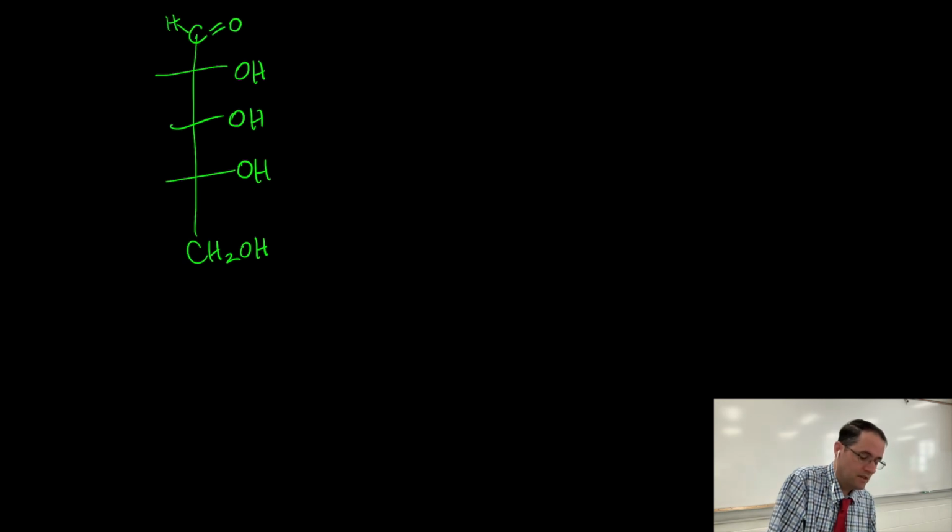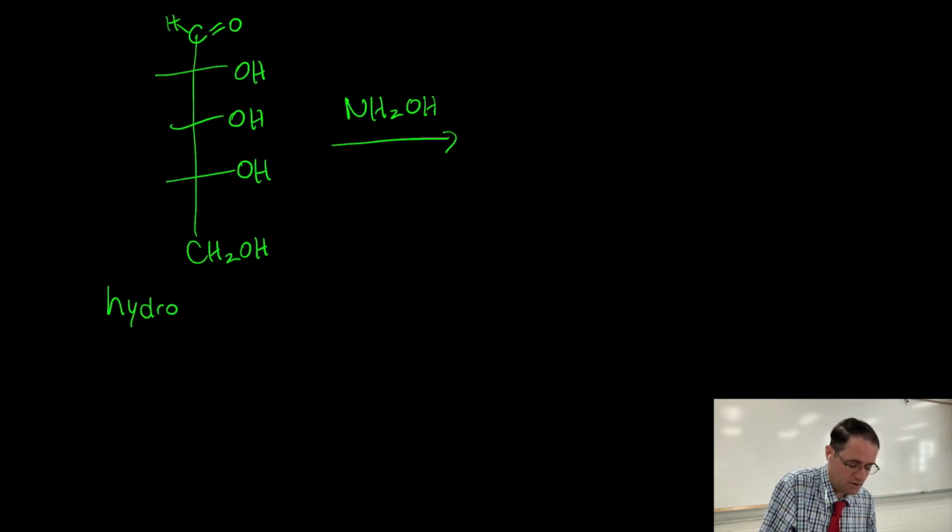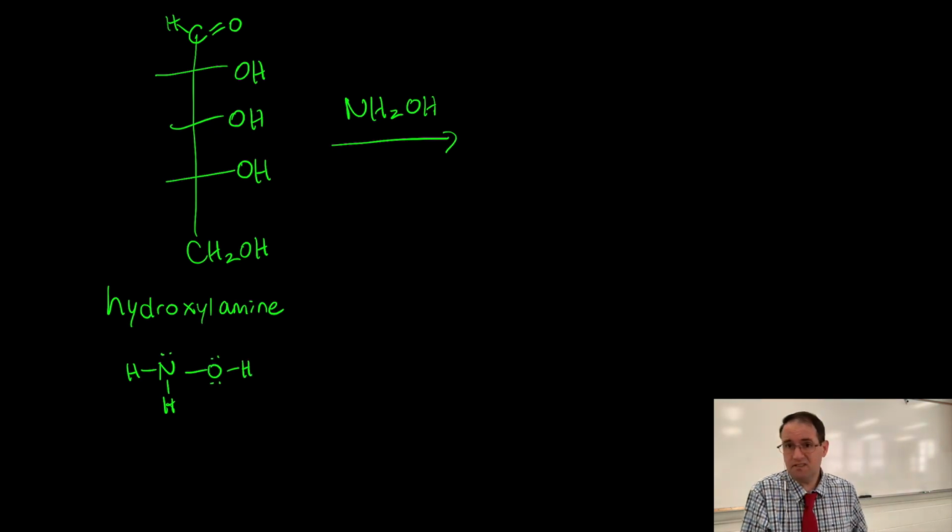Okay. First thing you want to do is add hydroxylamine. Hydroxylamine is this molecule here. We talked about it in chapter 19. It's a nitrogen-based nucleophile. It's somewhat toxic too, and this can form your oxime derivative.